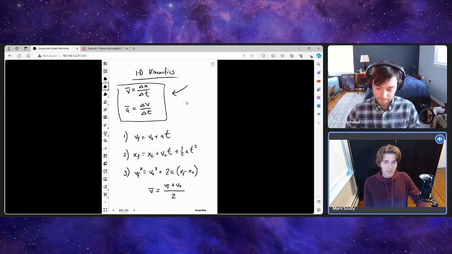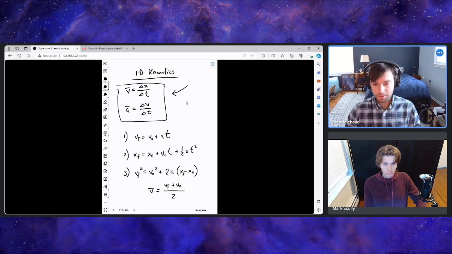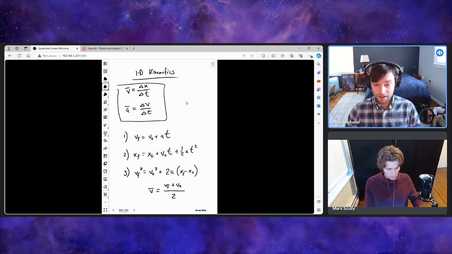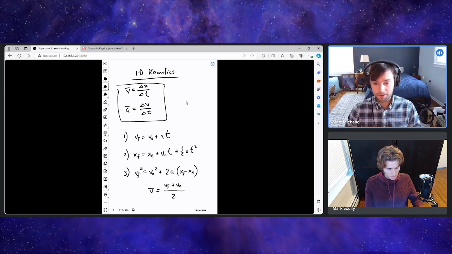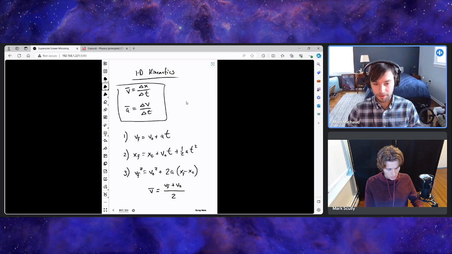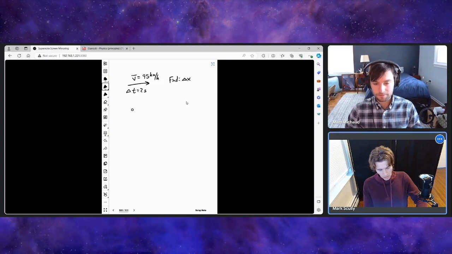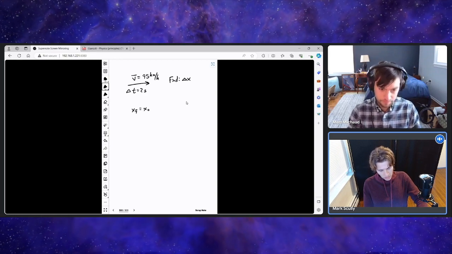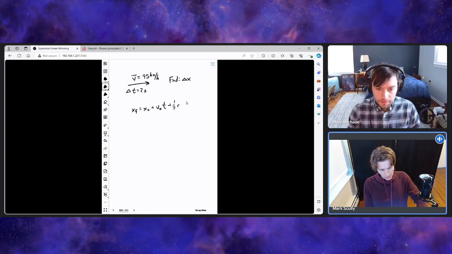I thought it was final position equals the initial position plus the initial velocity times time plus 1/2 of the acceleration times time squared. Let's try it, actually. I don't think that's incorrect. So, we have final position equals initial position plus v naught t plus 1/2 at squared.